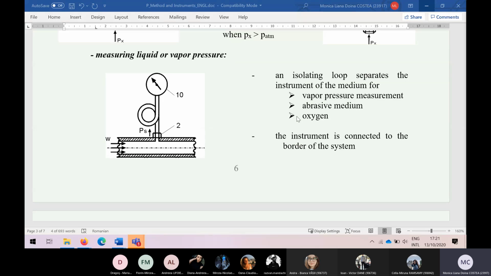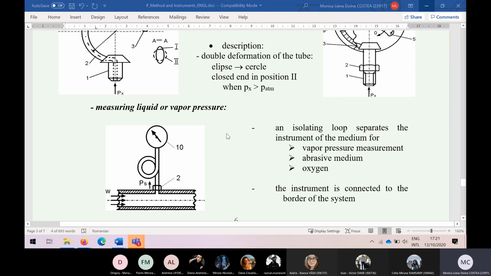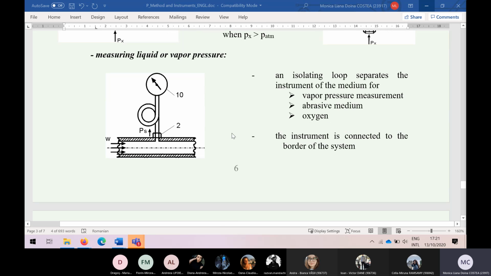The first is vapor pressure measurement. When the vapor enters the tube from the duct, it enters this loop. Due to the reduced temperature, a part of the steam can condense, and in that case a mixture of liquid and gas would enter the apparatus.